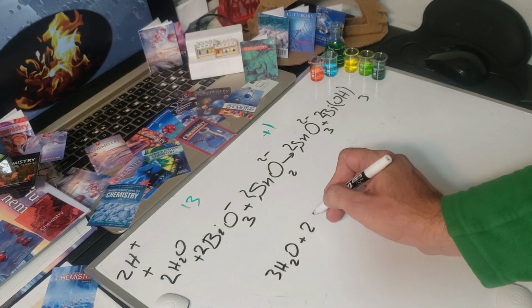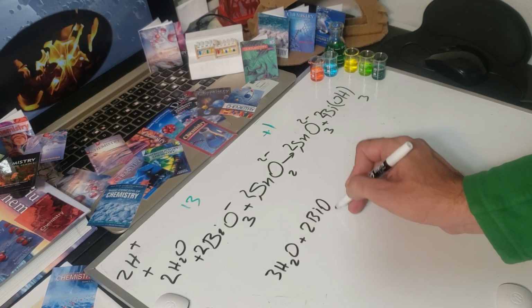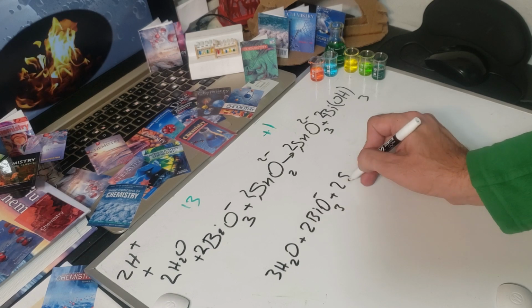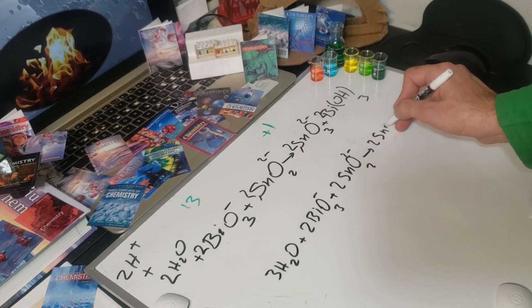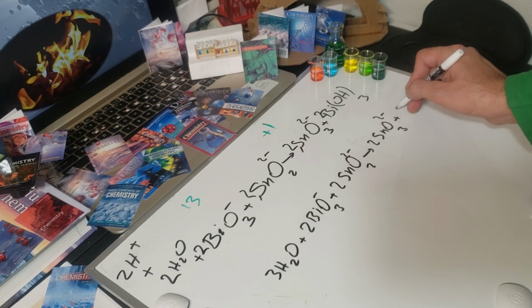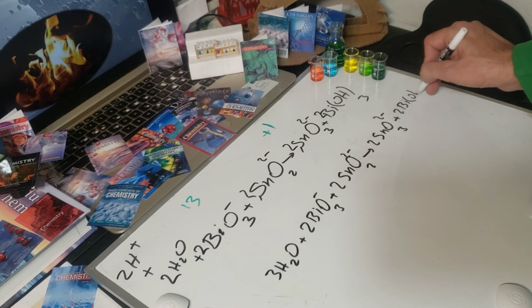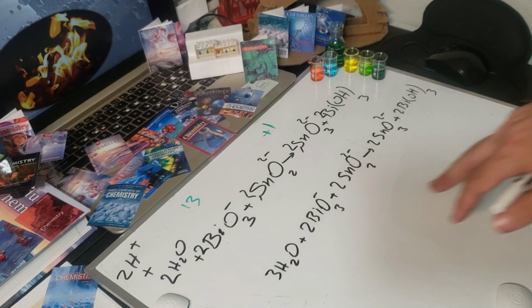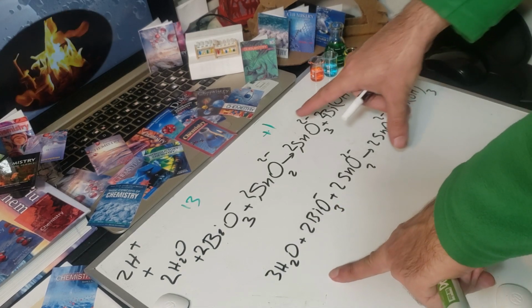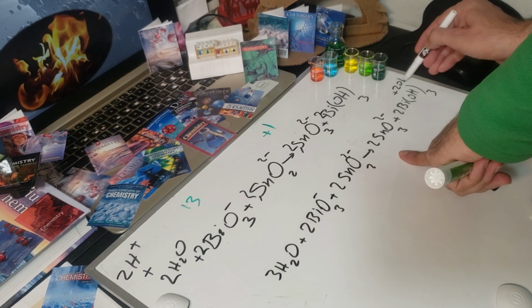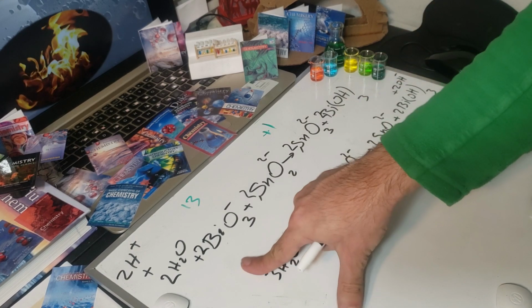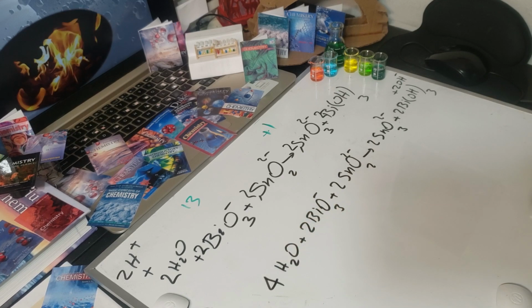3H2O plus 2 BiO3- plus 2 SnO2 2-, giving us 2 SnO3 2- and 2 Bi(OH)3. So for the basic medium, I still have to add double the amount of OH-, so 2 OH- and 1 H2O, so it would be 4 H2O.